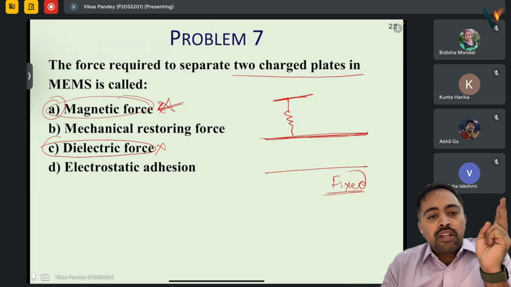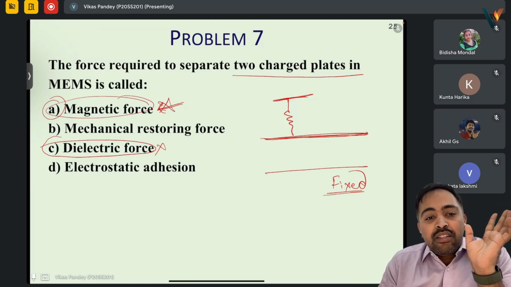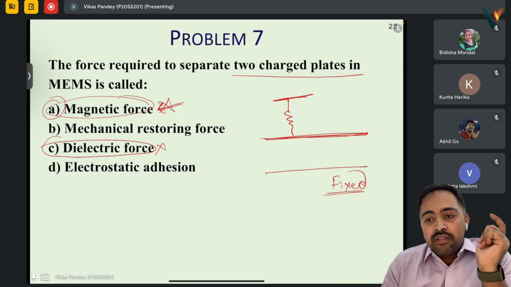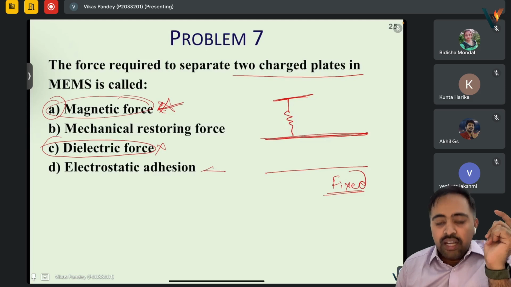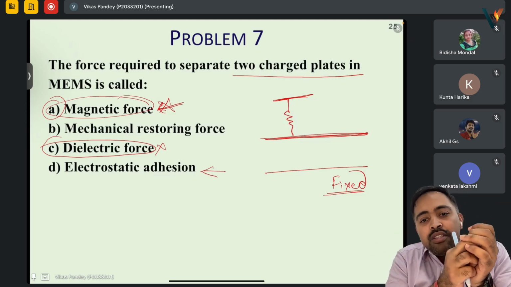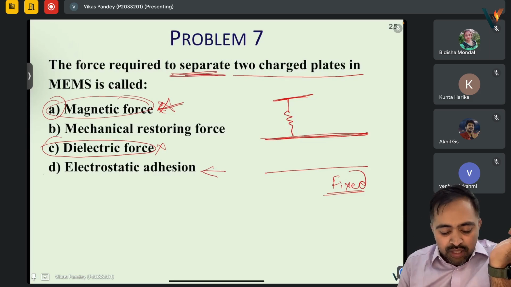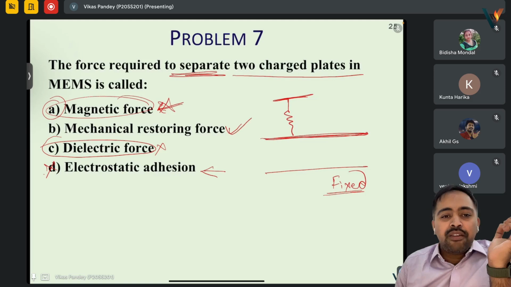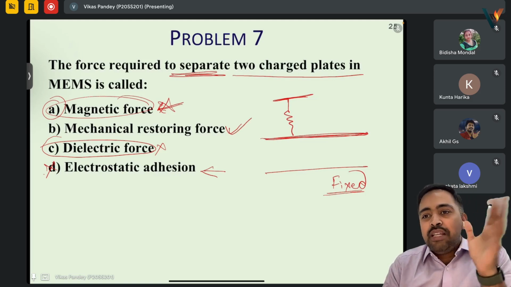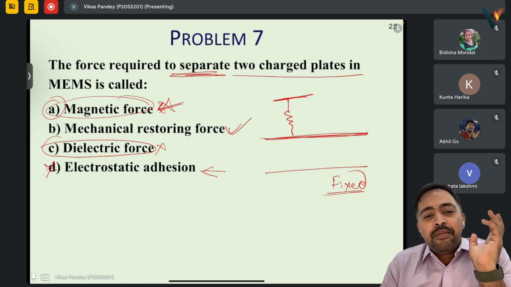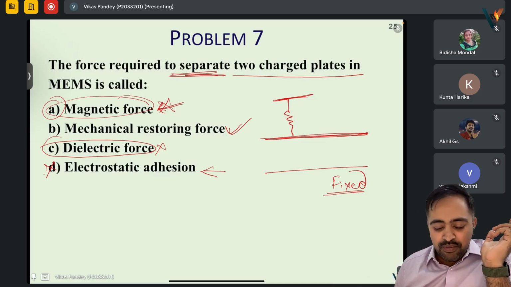Now there are two things: mechanical restoring force and electrostatic adhesion. Adhesion will try to bring it closer, not separate it. We have to separate it. So even by eliminating some options, we will get mechanical restoring force.